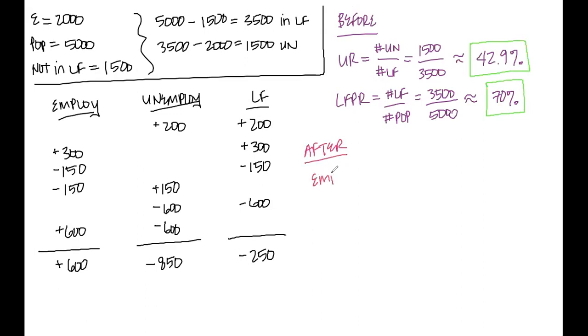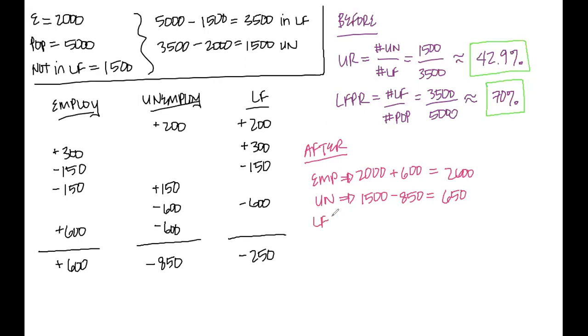The amount of employed is now going to be, originally it was 2,000, and now we're adding in 600 after these flows to give us a total of 2,600. For the unemployed, we originally had 1,500, and we're subtracting 850 from our flows, and that gives us a new amount of 650.